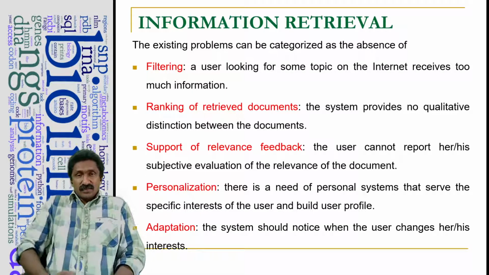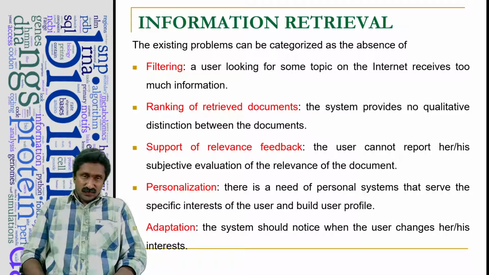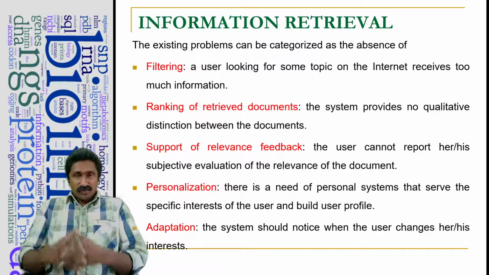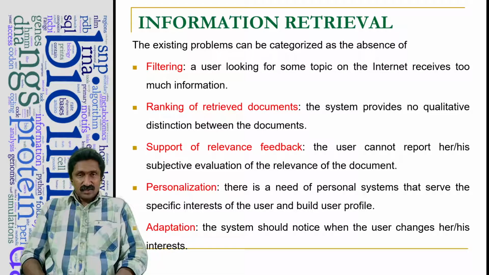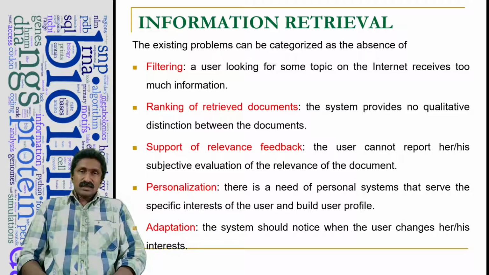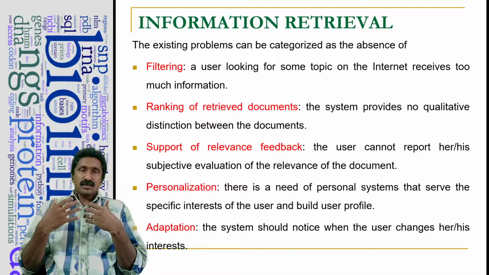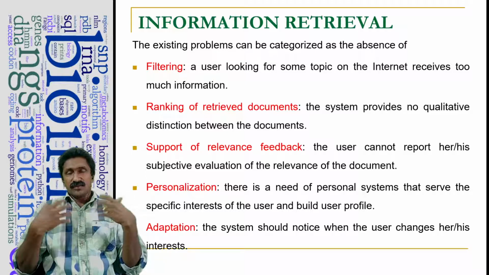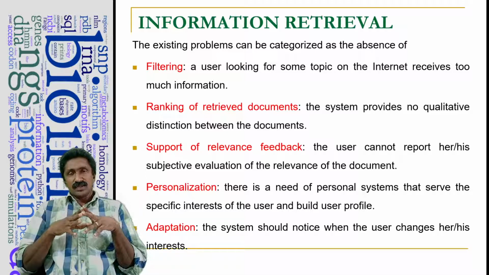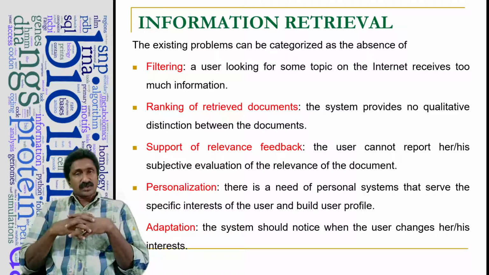Such survey-type analysis was done by Google also, to ensure that the proper document is made available on the top of the list, and to understand the user preference. Yes or no, that type of feedback was later added. But usually, such search results may not provide any feedback provision. So usually, the server or the program won't understand whether the relevant document is delivered to the user or not.